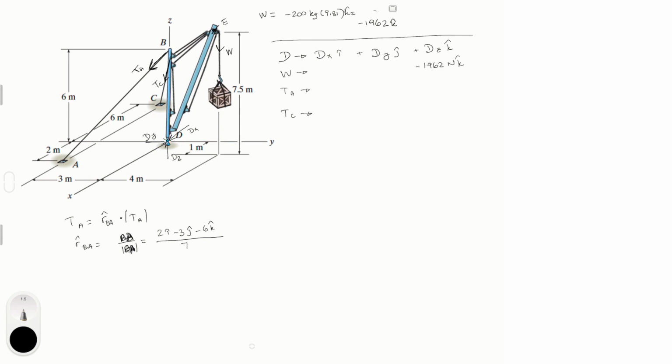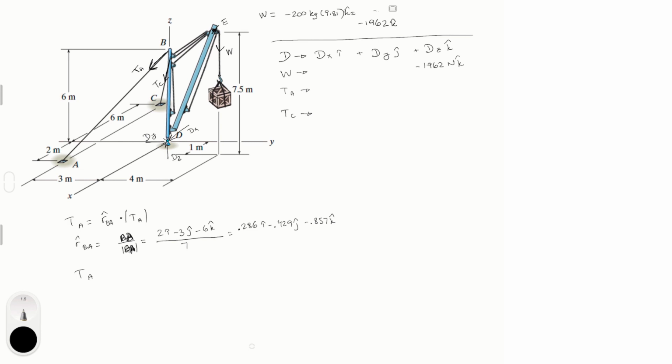So that would be 7, because 2 squared plus 3 squared plus 6 squared is 49. Then the unit vector comes out to be 0.286 in the I, minus 0.429 in the J, minus 0.857 in the K.